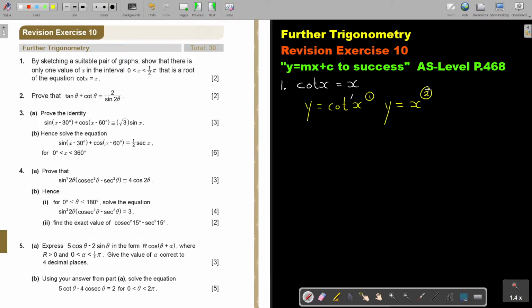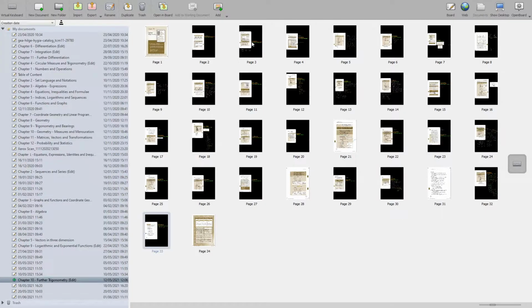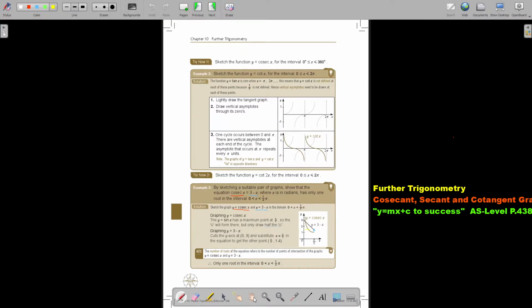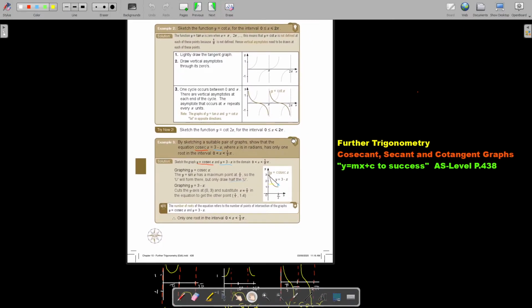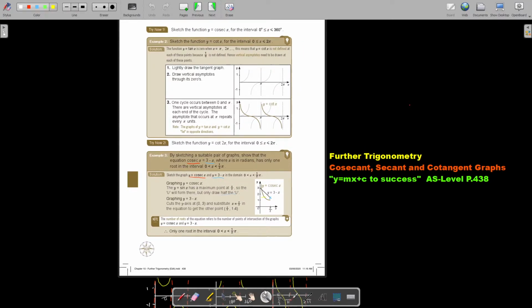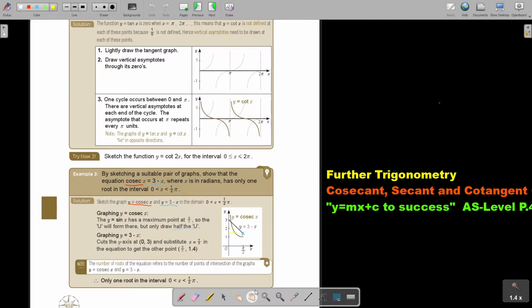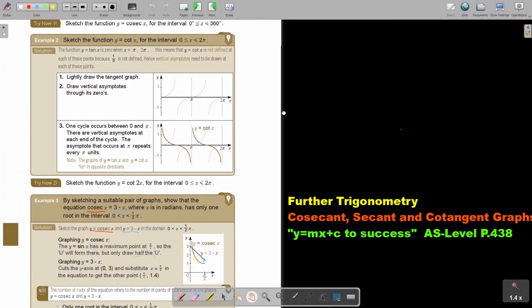Now, because this is like a revision, I want to take you back to where we did this. Can you recall? If you go back in the textbook and you look on page 438, I'm just going to make it a bit bigger. And also I will take you to the summary.